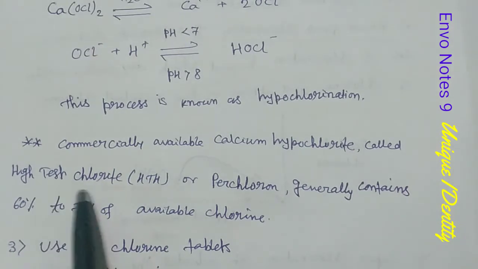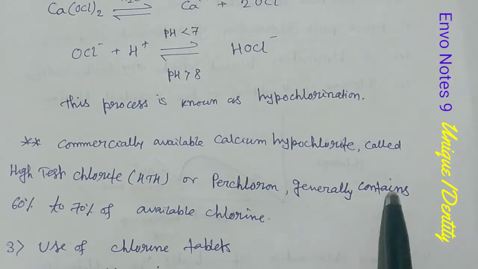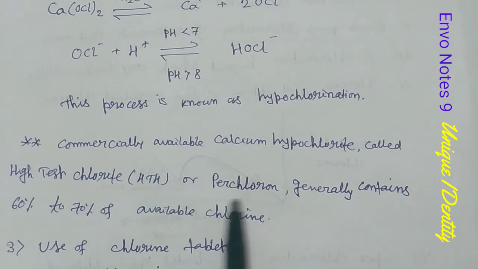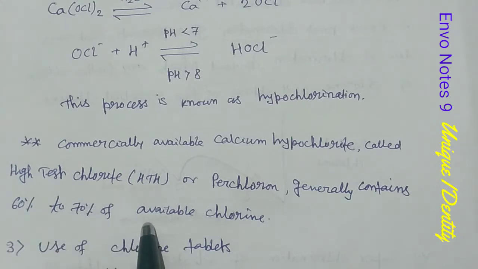The terms are high test chloride, HTH or perchloron. It generally contains 60% to 70% of available chlorine. Mind it, it is not 100%. The percentage is 60% to 70% of available chlorine.